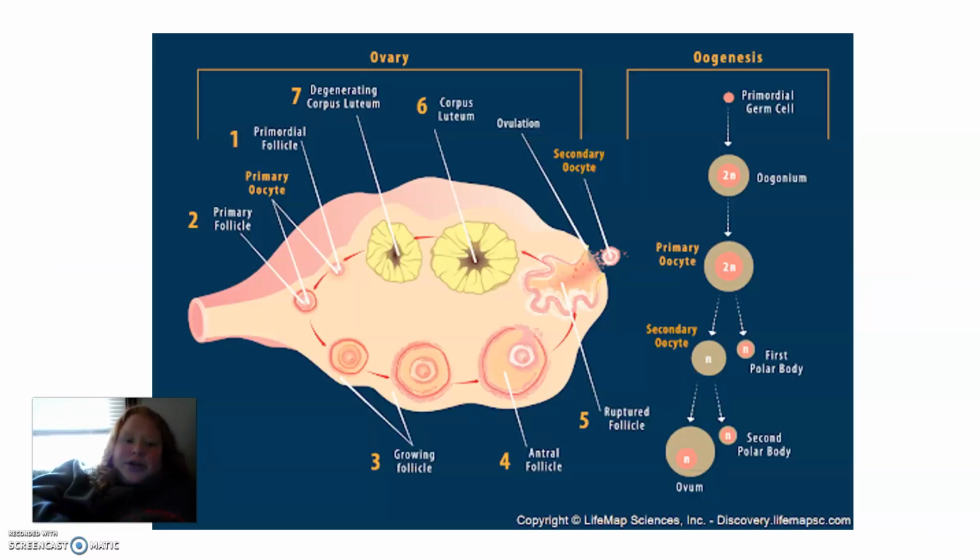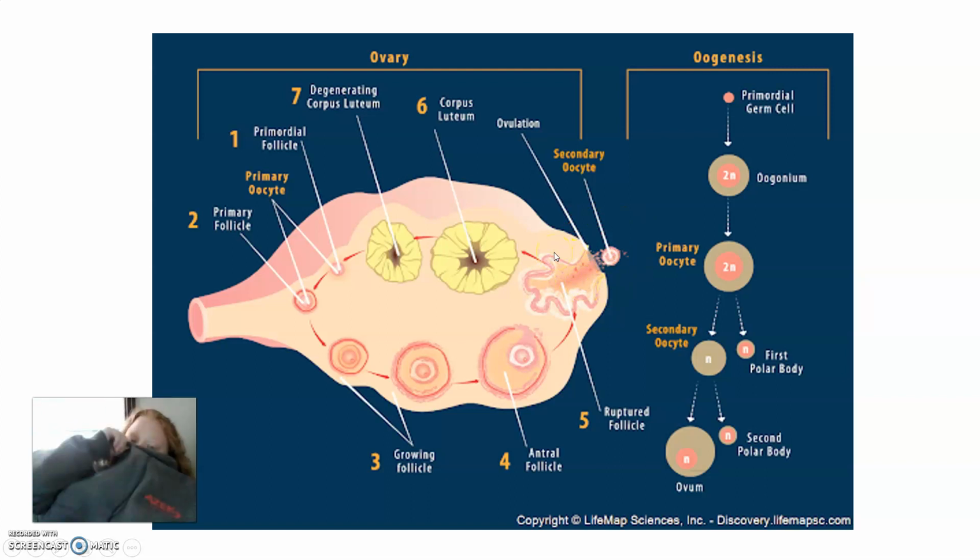So in an ovary, we're starting out with our primary oocyte, and remember, it undergoes meiosis, and it matures, and it's making polar bodies as it matures, and undergoes meiosis 2, and then it breaks out here, this is ovulation, as a secondary oocyte, or an egg.